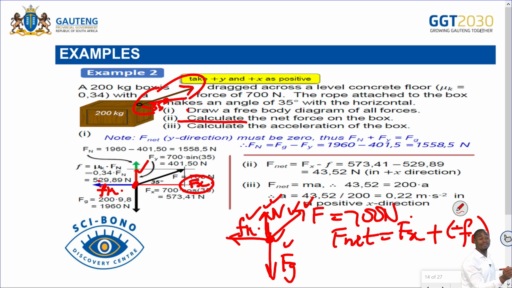But this becomes negative because it's acting in the opposite direction. I'm taking the original direction of motion as positive. So friction is always negative for me, right? You can do the same. If there's friction, just make friction negative, because it always opposes the motion. Then what is my Fx? How do I calculate Fx? Fx is given by F cos theta, plus minus Fk. Am I given the magnitude of Fk?